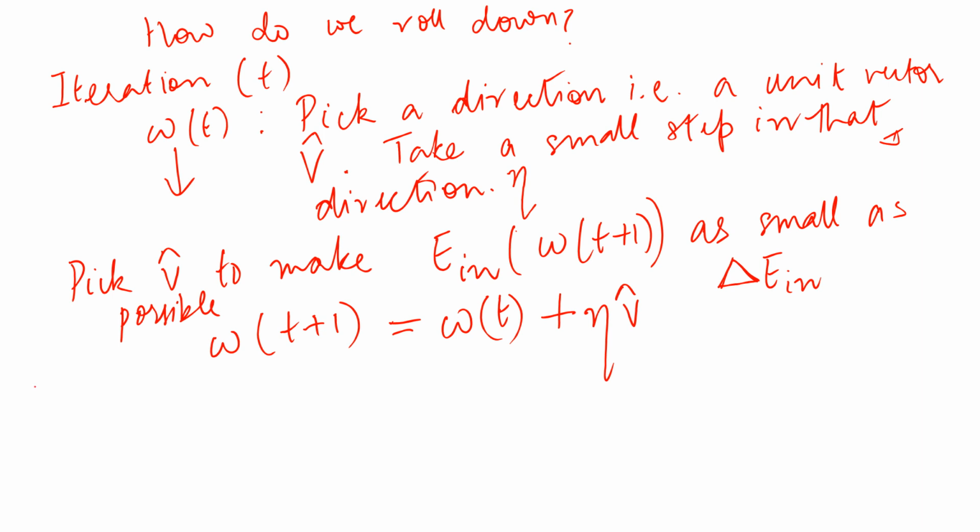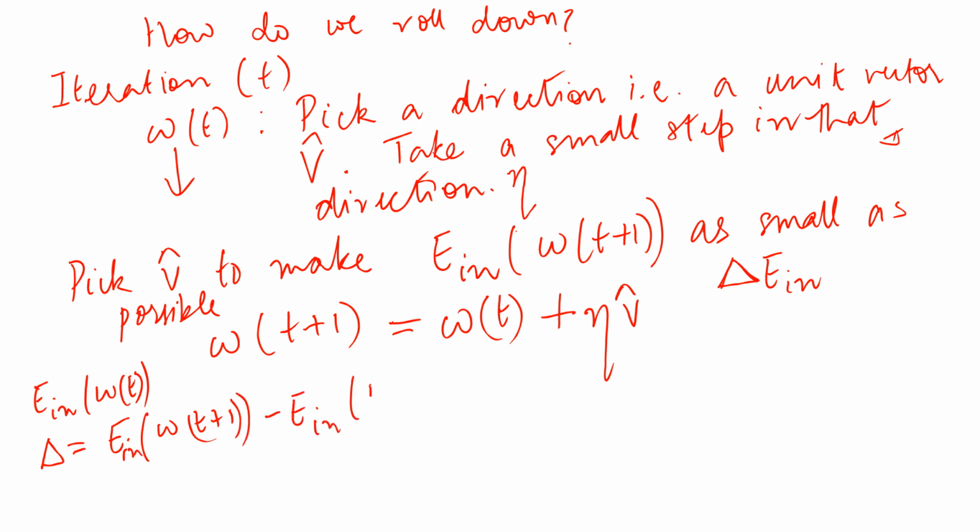So for example, let's say initially it is E in at the t-th iteration, and then at the t plus 1-th iteration it's going to be w t plus 1, right? So basically the change is going to be E in of w t plus 1 minus E in of w t, correct?